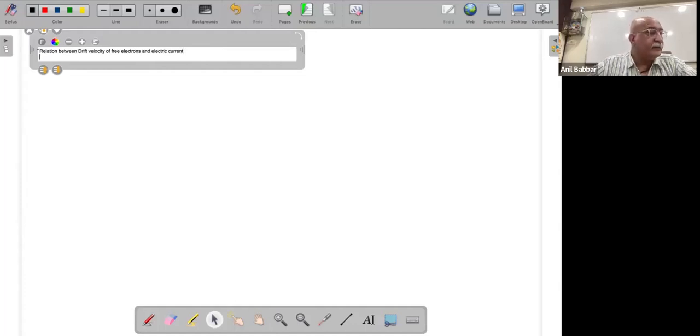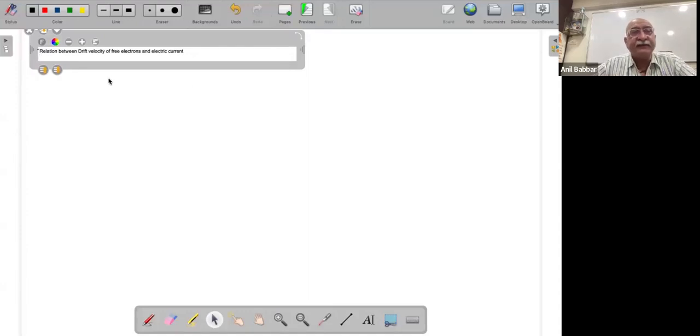We'll find this. Now we know that the strength of electric current in a conductor is measured by the magnitude of electric charge flowing per second through a cross section of the conductor. Suppose the ends of the metallic wire are connected to a battery, so that an electric field E is established in the wire.